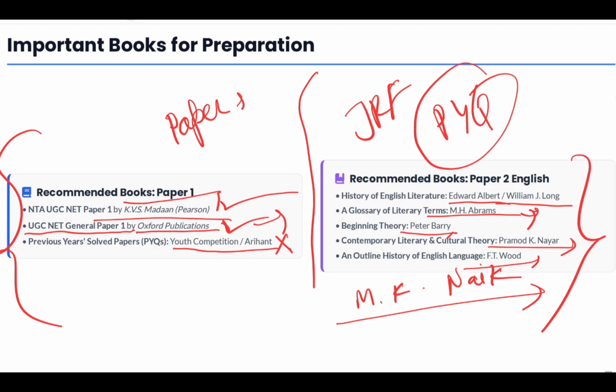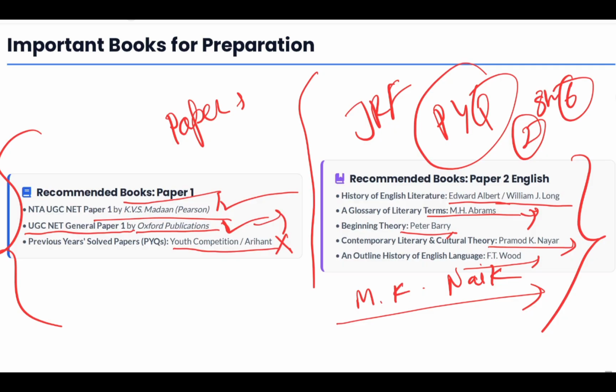PYQ helped me a lot, because first I went through PYQ. I came to know what kind of questions UGC has asked and what kind of questions they would ask in the examination. I analyzed PYQ in great detail. If I dedicated 8 hours or 6 hours to my study, then I made sure I would dedicate 2 hours to PYQ.